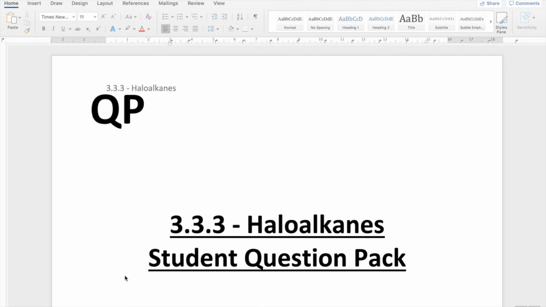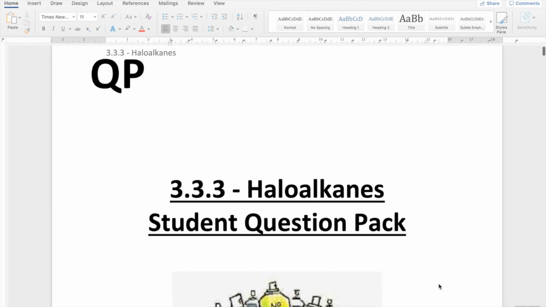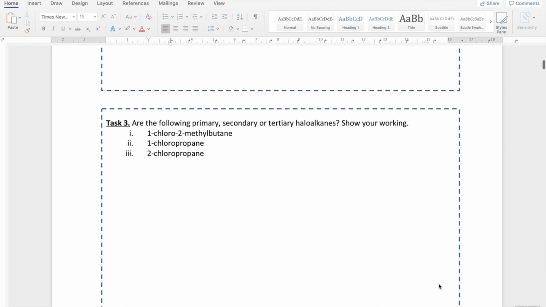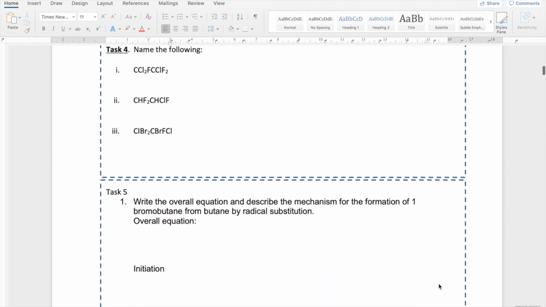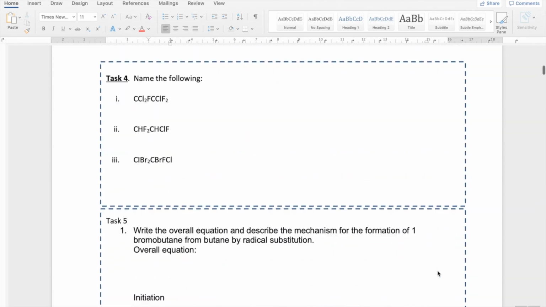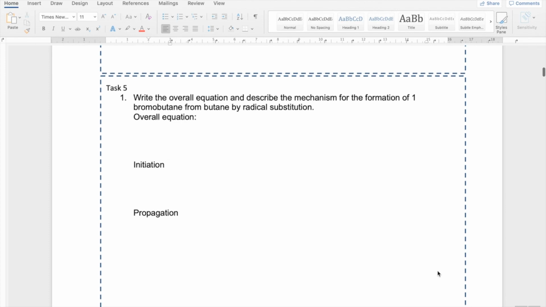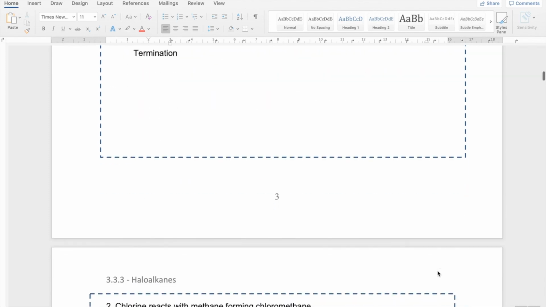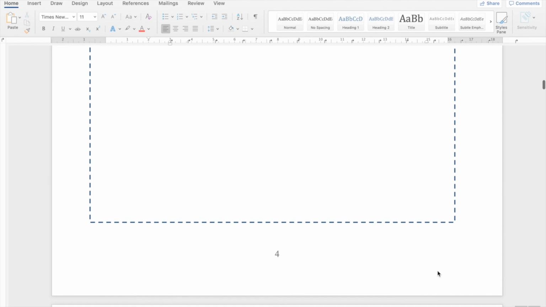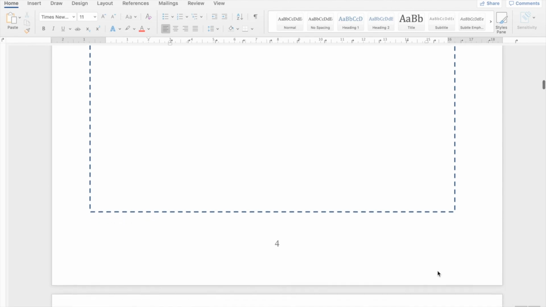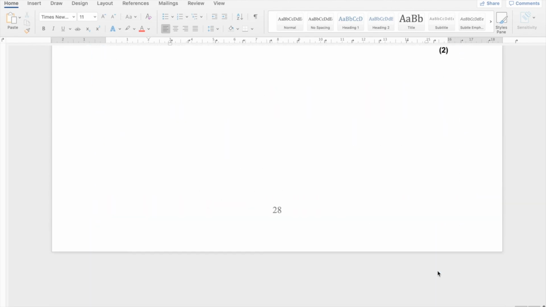Okay then, so having had a look and a listen to those different explanations that I've just gone through, you're in a position now to have a go at some of the questions from your question pack. So if you have a go at task 5, which goes from partway down page 3 through to page 4. And then if you jump right to the back of your question pack, the very last few questions.